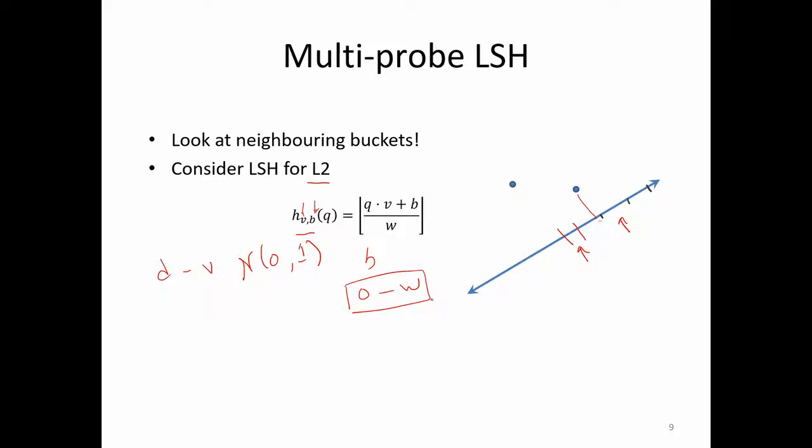Okay, so there are k hash functions. For each of these hash functions, a point may fall into the actual hash bucket, or it may fall into the plus one hash bucket or minus one hash bucket. These are the only cases that we will consider.